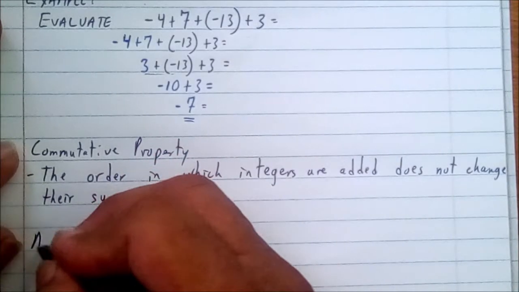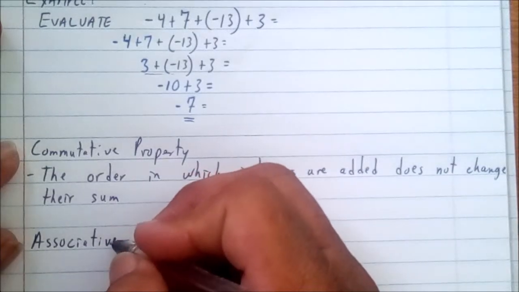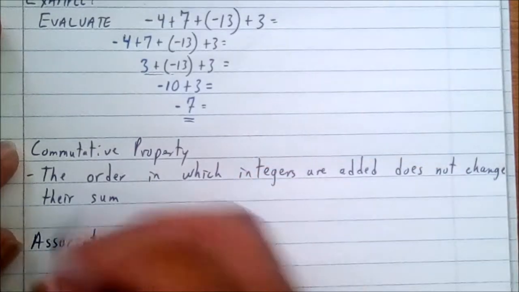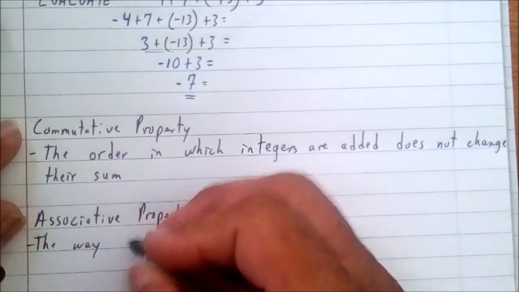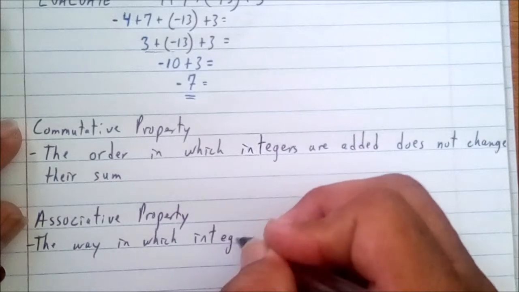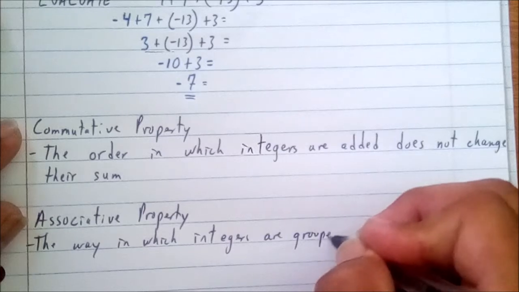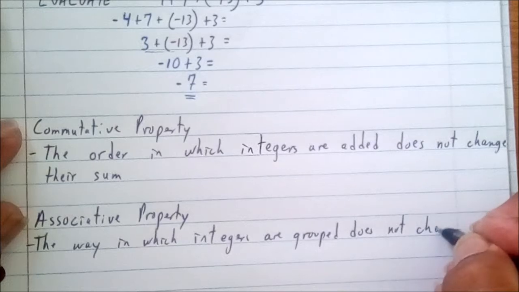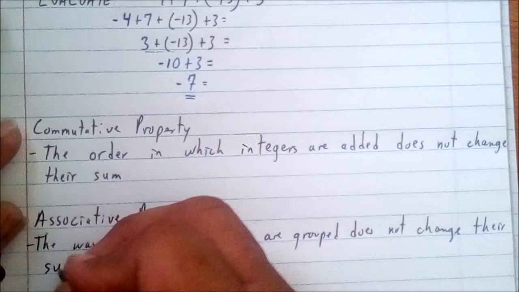Two, the associative property of addition: the way in which integers are grouped does not change their sum.